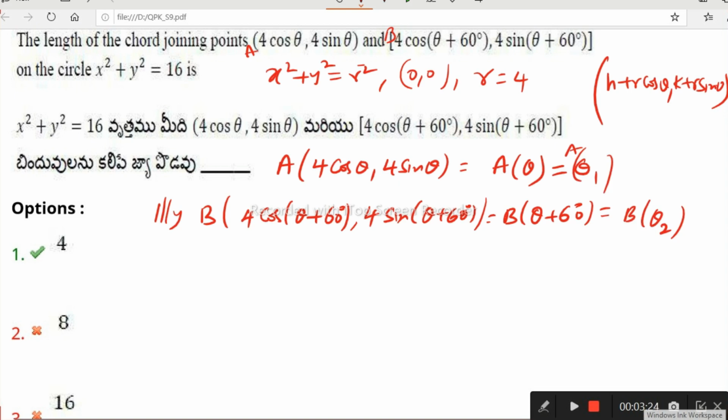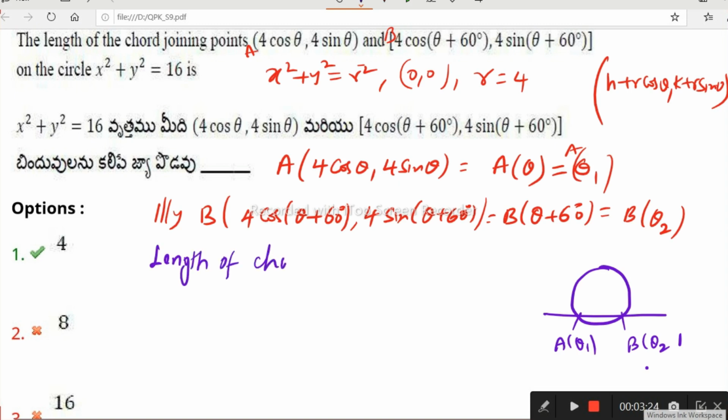We want to find the length of the chord. Suppose this is a circle, where A theta 1 and B theta 2 are parametric angles. The formula for the length of the chord, which you have to remember, is 2R under modulus sin of (theta 1 minus theta 2) by 2.